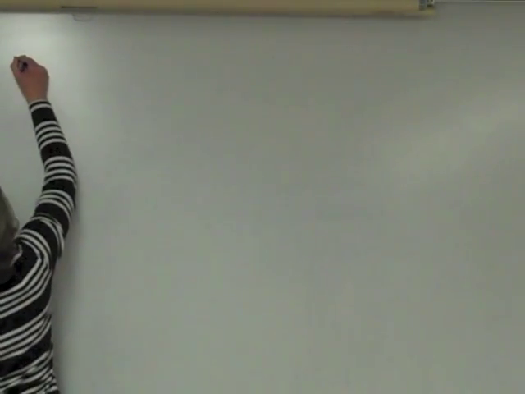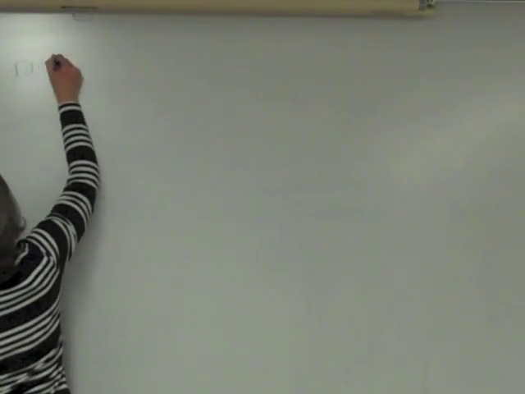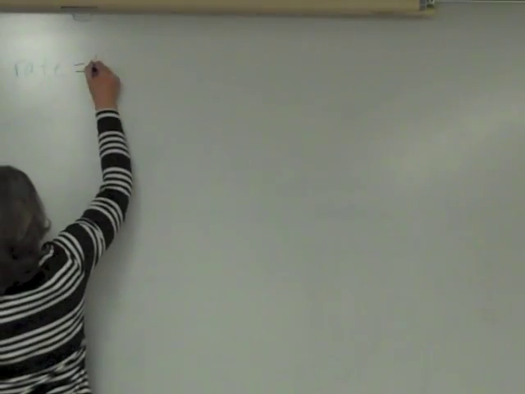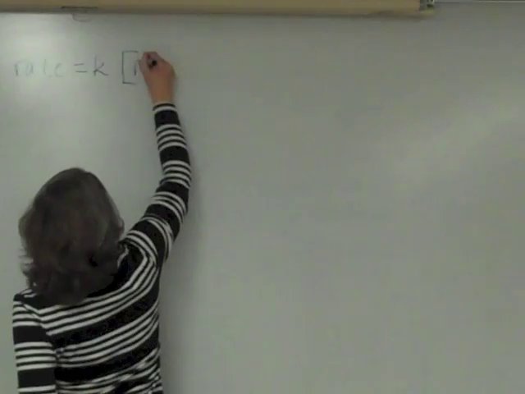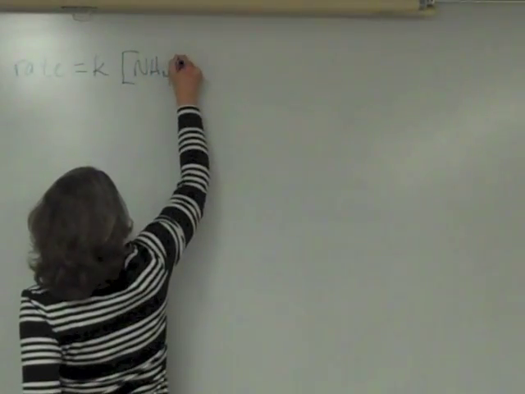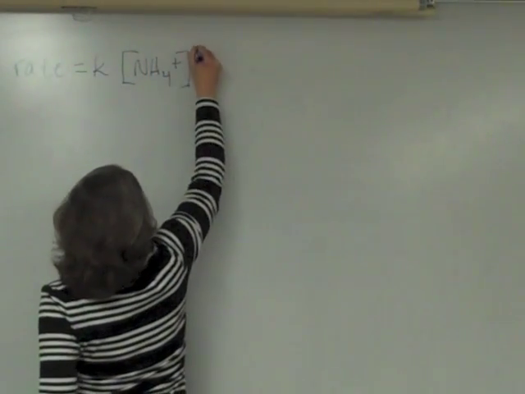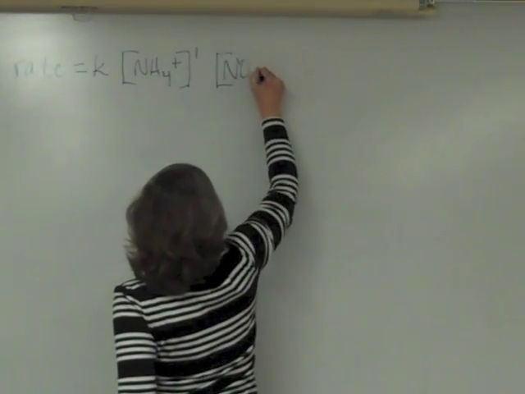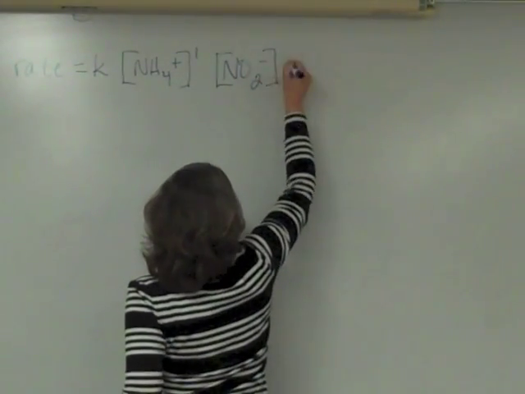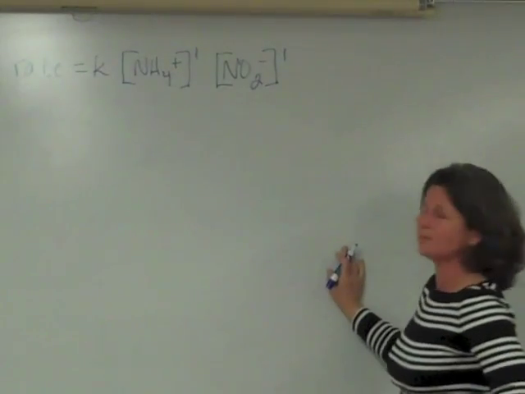So the actual rate law itself is going to be rate equals k times NH4 for ammonium to the first, nitrite to the first. But you know what?